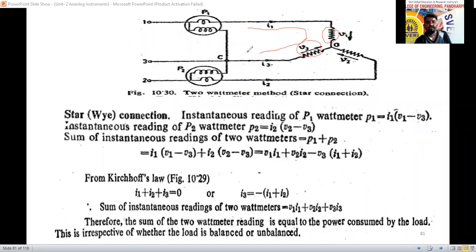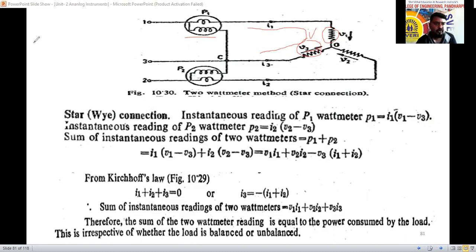The instantaneous power by wattmeter P1 is I1 into the voltage. The direction is opposing, with the polarities positive and negative, so we consider V1 minus V3.